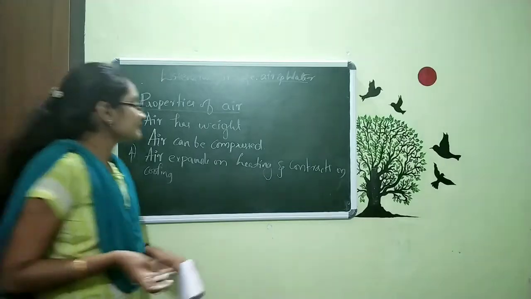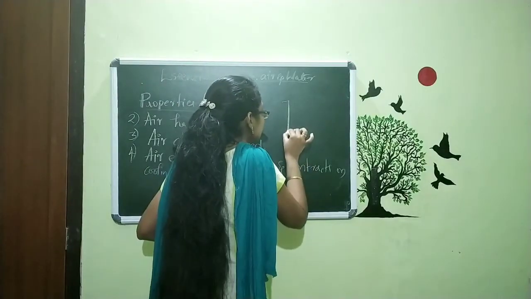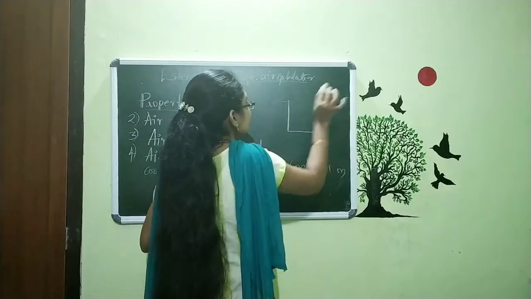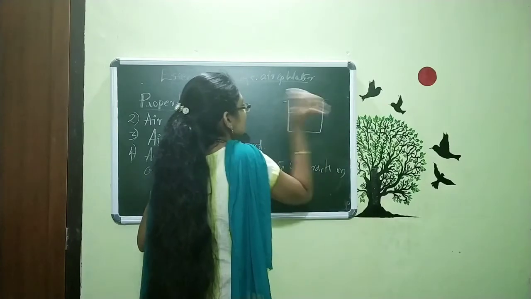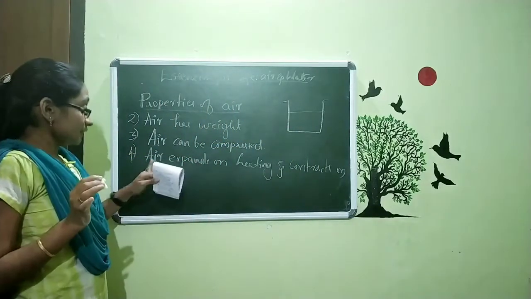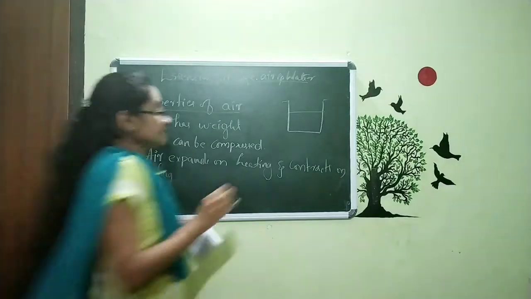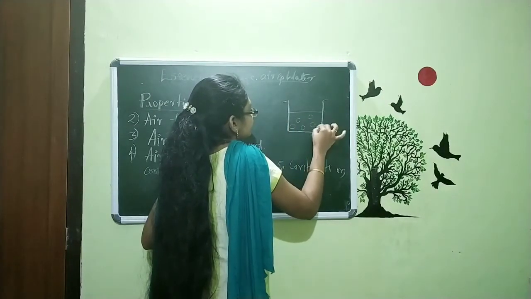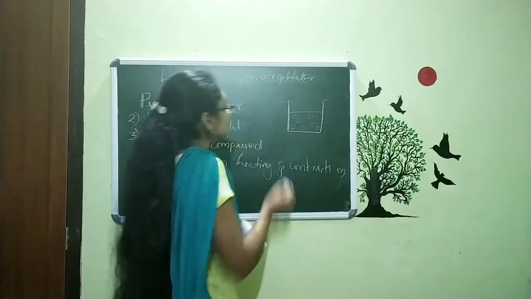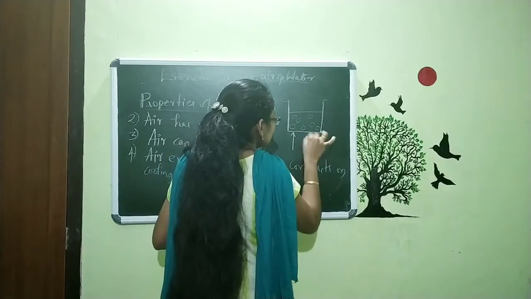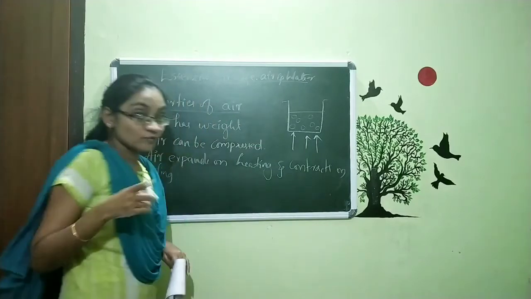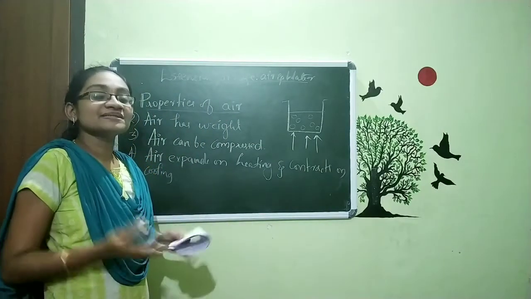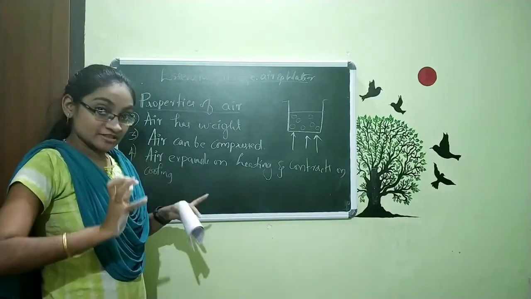So the thing is this, again, within the beaker we are taking the air. And we know I am heating this. First of all, our molecules are like this. And when I am giving heat, what happens? We know when we are heating the matter, there occurs expansion.